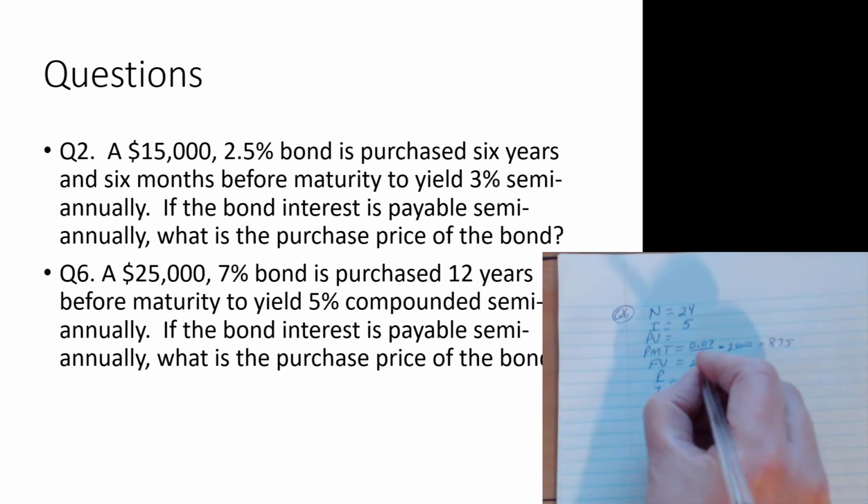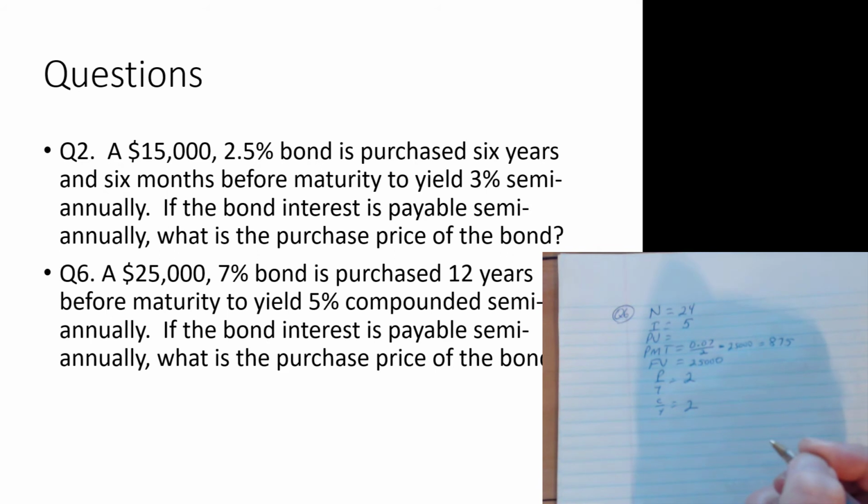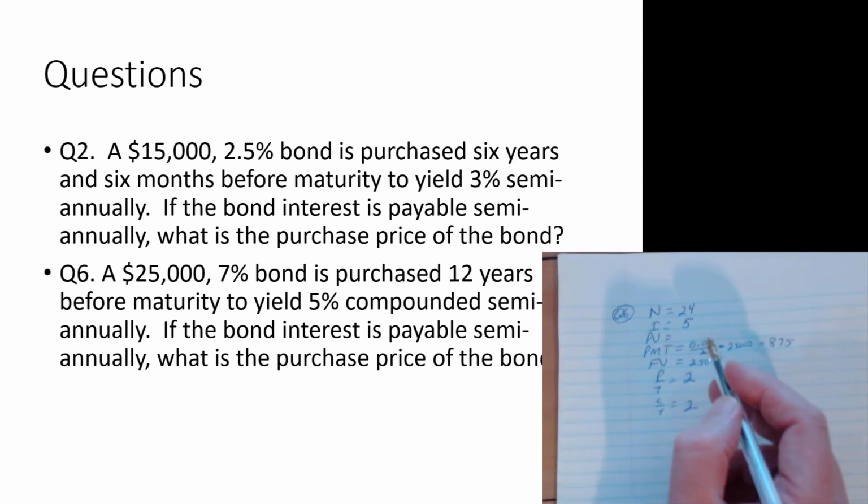Speaking of face value, that face value is $25,000. Payments are twice a year, hence payable semi-annually, and compounding is also twice per year. Look at the yield. Now we punch all that in and we get our present value. Feel free to pause me for a sec while you double check all that.